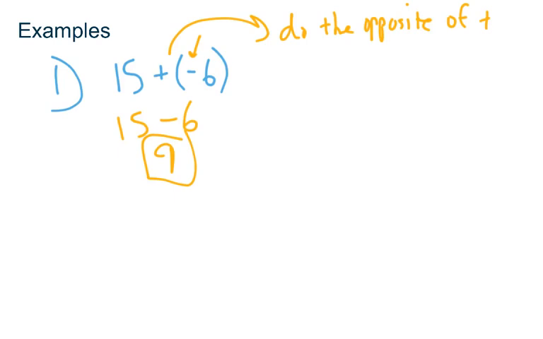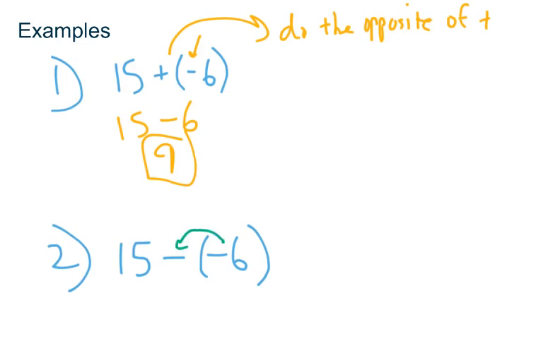Let's go to another example. Let's say we had 15 minus negative 6. Well, the same idea applies. Because of this negative sign here, we're going to do the opposite of that. And so what this becomes is that two negatives back to back become addition.